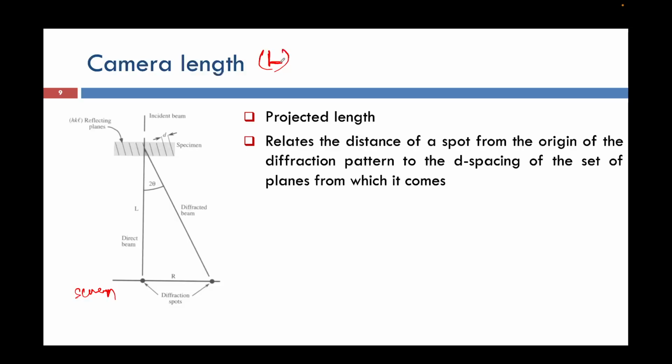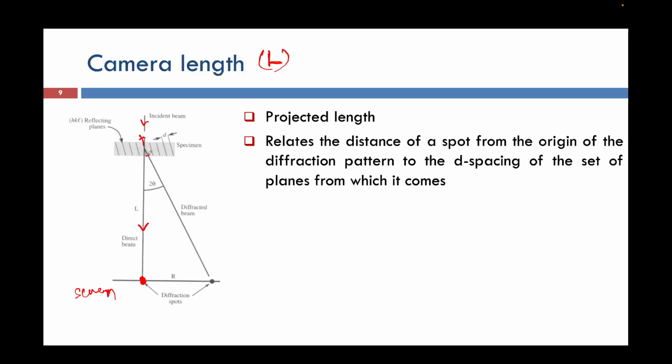The role of this camera length is to relate the distance of a spot. This is an undeviated spot, because this is the incident beam. The direct beam is coming and falling here. However, after the diffraction, let's say this is theta b angle, and this is also theta b angle.